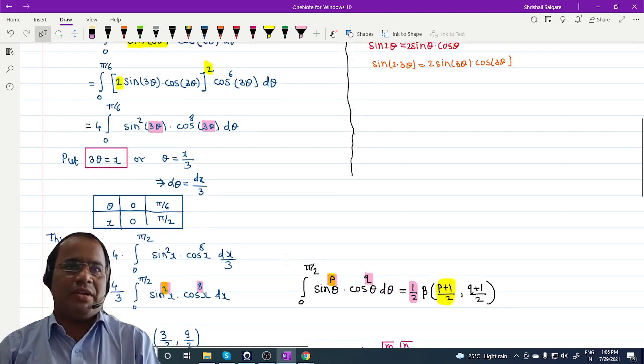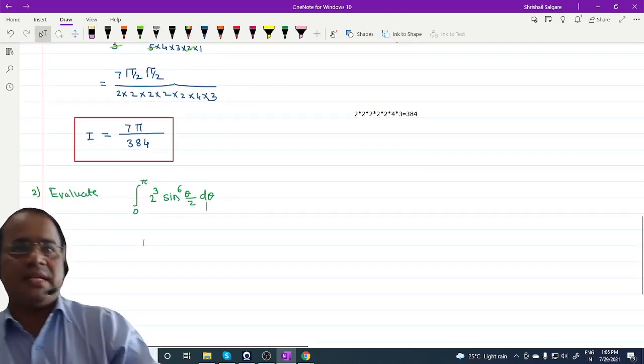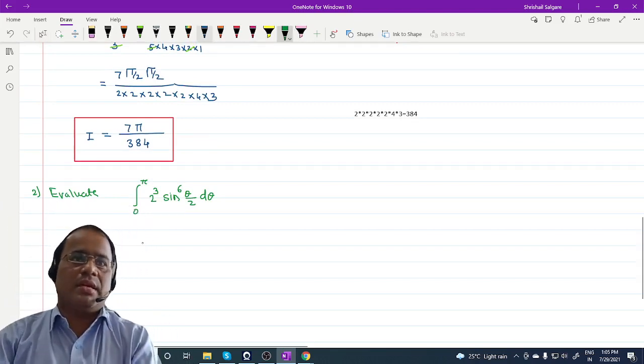You don't have the limit 0 to pi by 2 in this case, where we require limits 0 to pi by 2, that is a condition. Okay, I will call this integral I.